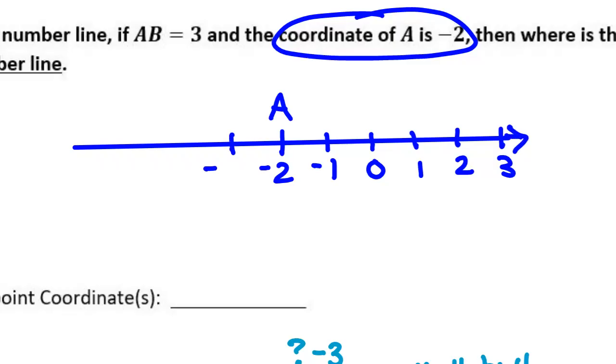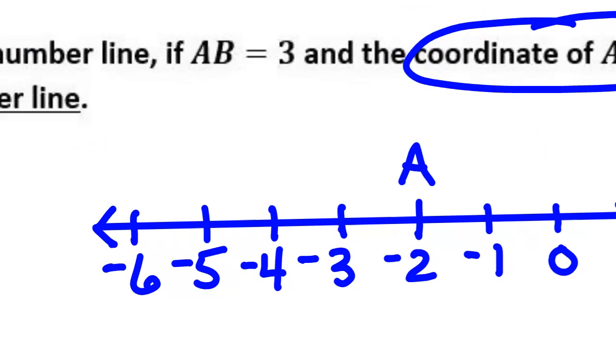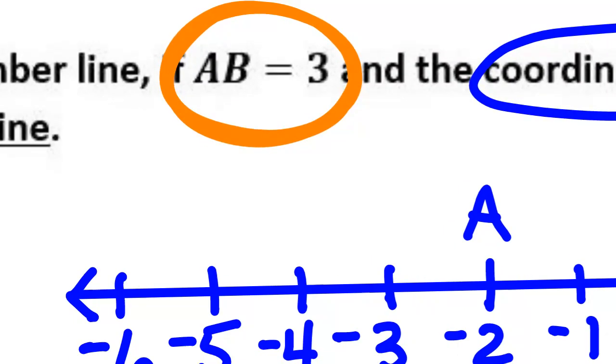Or I can go the other direction, -3, -4, -5, -6, on and on that way. What is this part, AB equals 3, telling me? It's the length, yes. That is the length of AB.